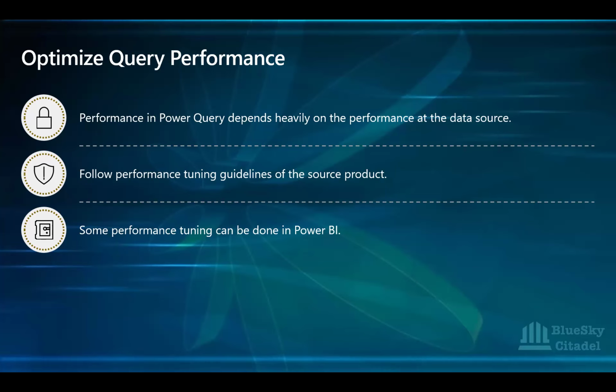For instance, if you extract data from a Microsoft SQL Server, you should follow the performance tuning guidelines for the product. Good SQL Server performance tuning techniques include index creation, hardware upgrades, execution plan tuning and data compression. These are database administrative activities.